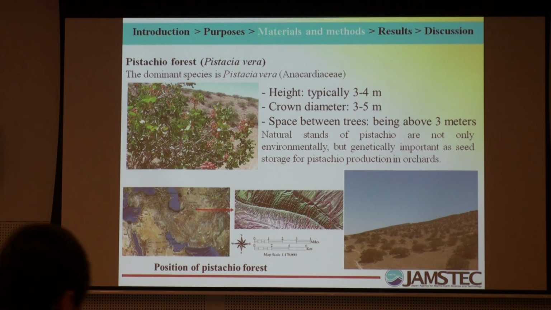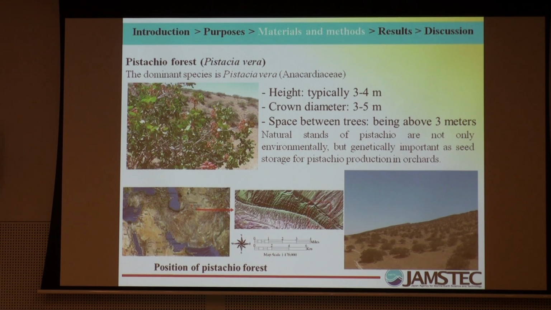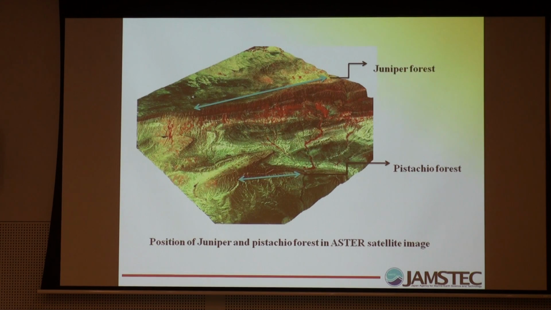Besides being environmentally important, it is genetically important as a seed storage for pistachio production in Iran. You can see its location on the map, also near the main dominant species, juniper, in the northeast of Iran.